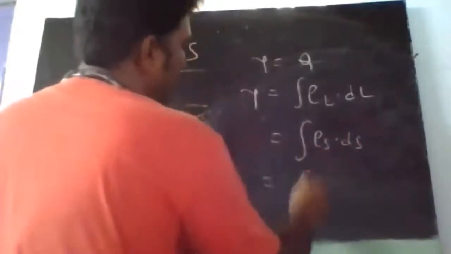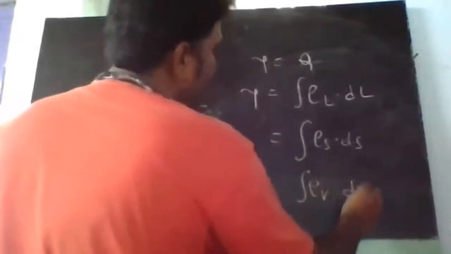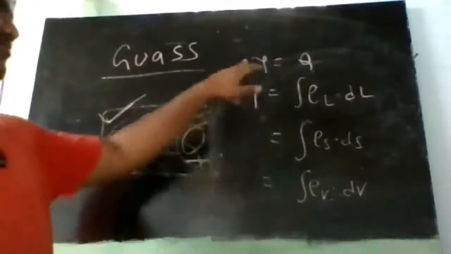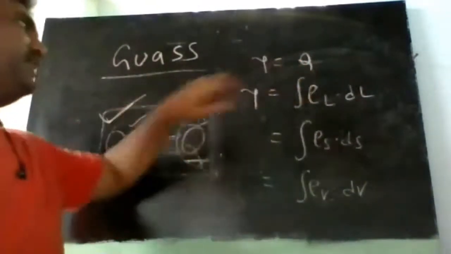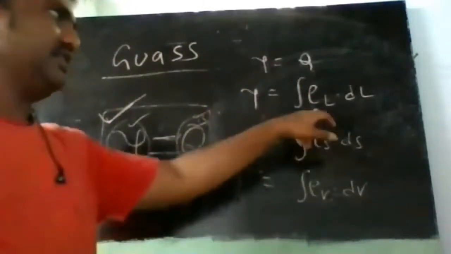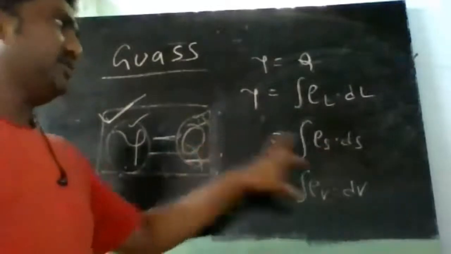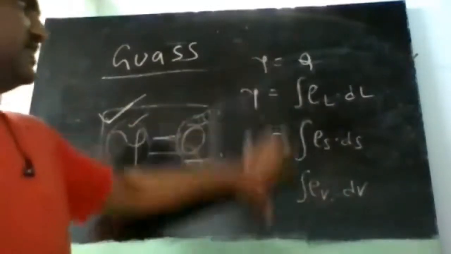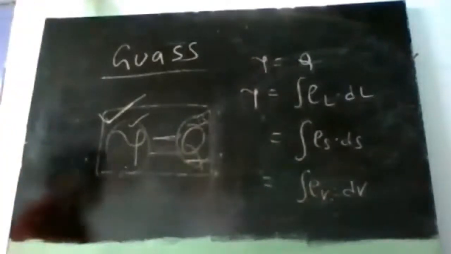For volume charge, it will be rho v dv. So the expression for psi for different charges: for point charge psi is equal to q, for line charge rho l dl, for surface charge rho s ds, and for volume charge rho v dv. This is the expression for psi that we have to remember.